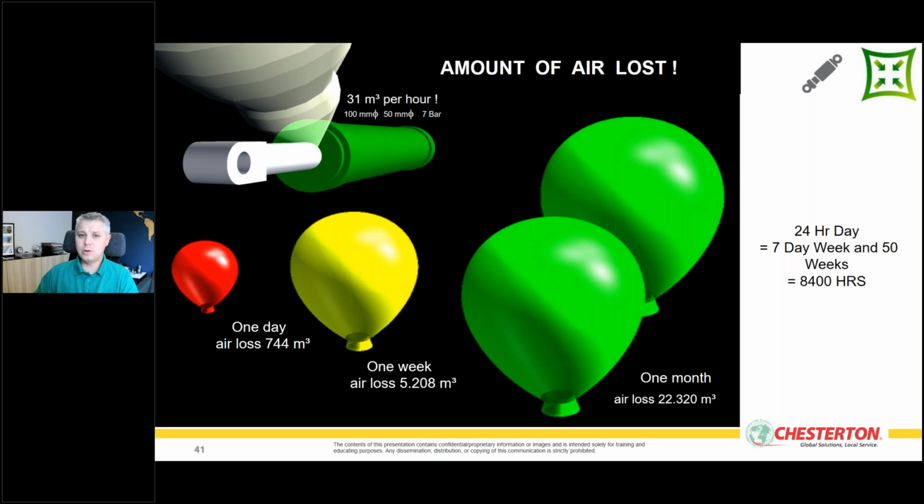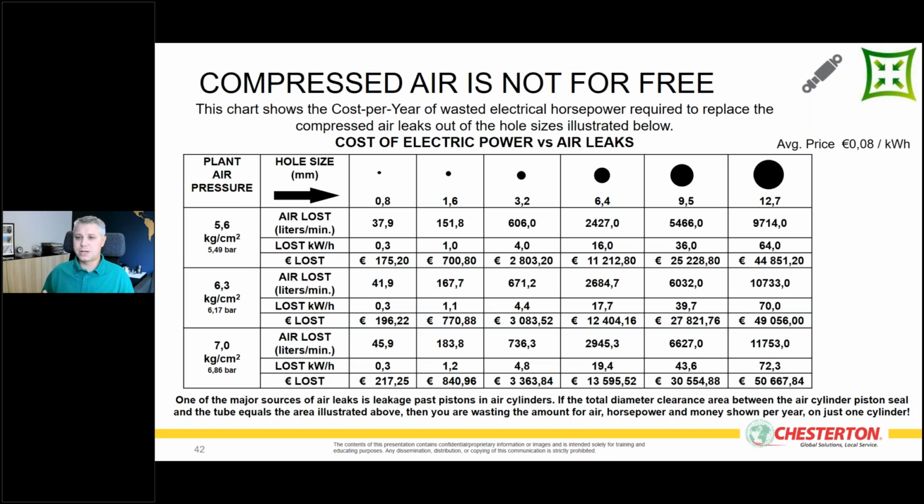Okay, so what is the problem? The compressed air is not for free. We have to pay for electricity, for example. In this chart, you see the amount of air which is lost over time, and the relation to the size of the leakage. Virtually, it's the size of the hole around your seals, for example, inside the cylinder.